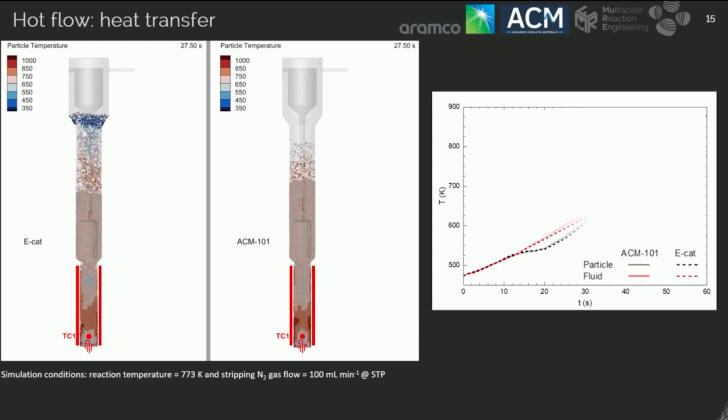But once the fluid temperature is equilibrated and the wall starts to heat up the catalyst particles, we can see that the SM101 is reaching a higher temperature at this point over the ECAT. This is because of the higher thermal conductivity and also the efficient heat transfer.